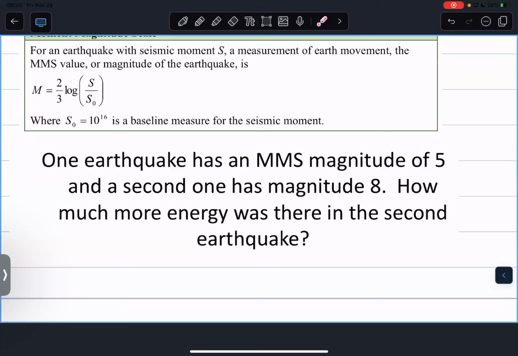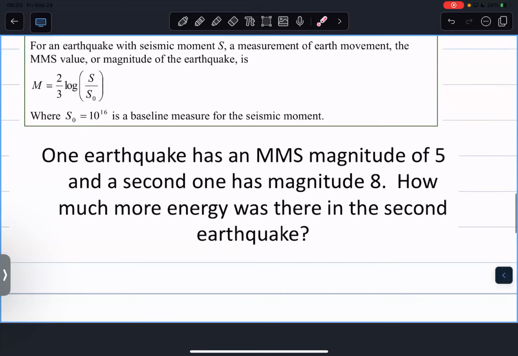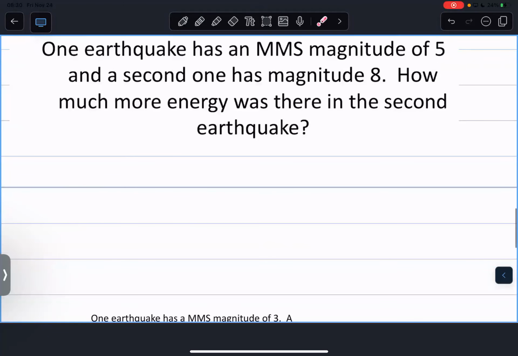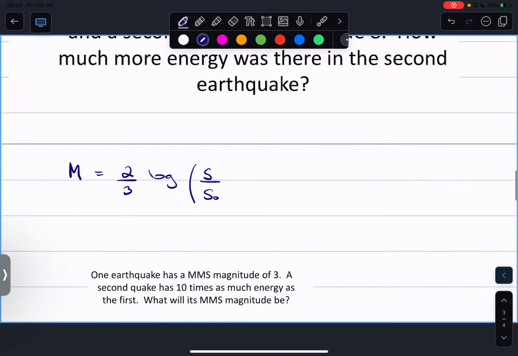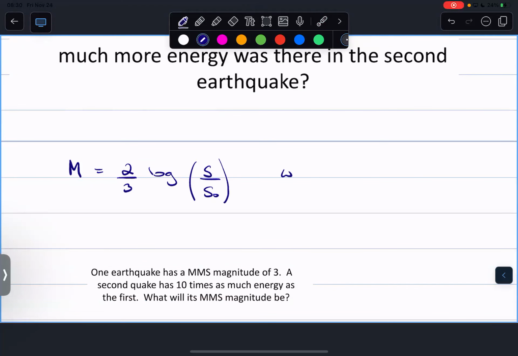And so what we're given is that we have, if I write down the formula, M is 2/3 times the log of S over S naught, or S0 if you prefer, where S0 is 10 to the 16.